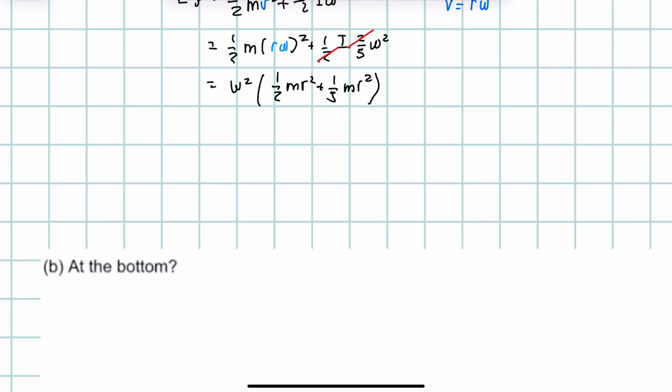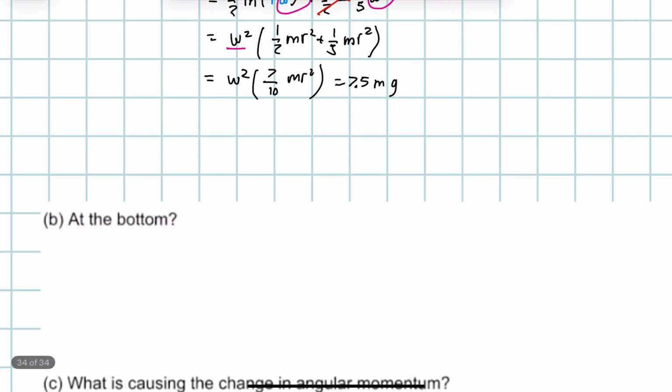And with the omega squared here, here, and here, we can just factor that out. So we have omega squared times (1/2 mr squared plus 1/5 mr squared), and now we can move this down here. We have omega squared times 7/10 mr squared, and this is going to equal 7.5 times mg.